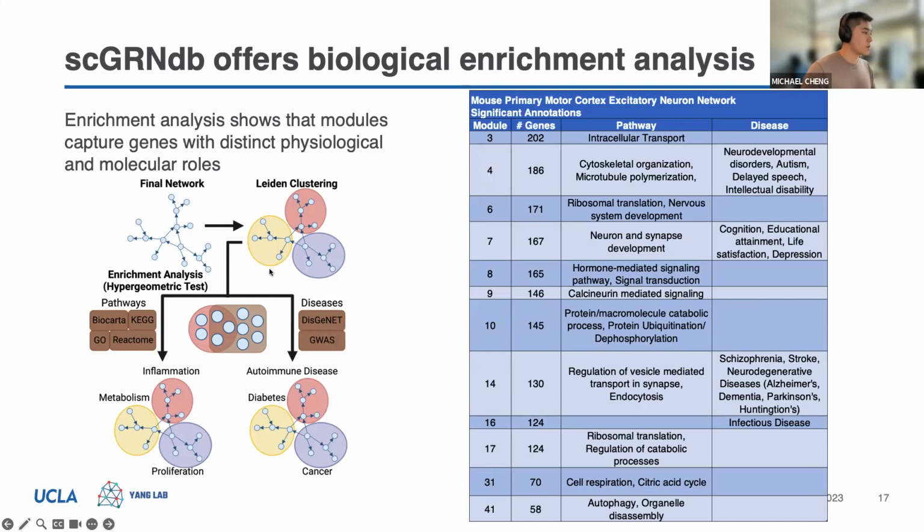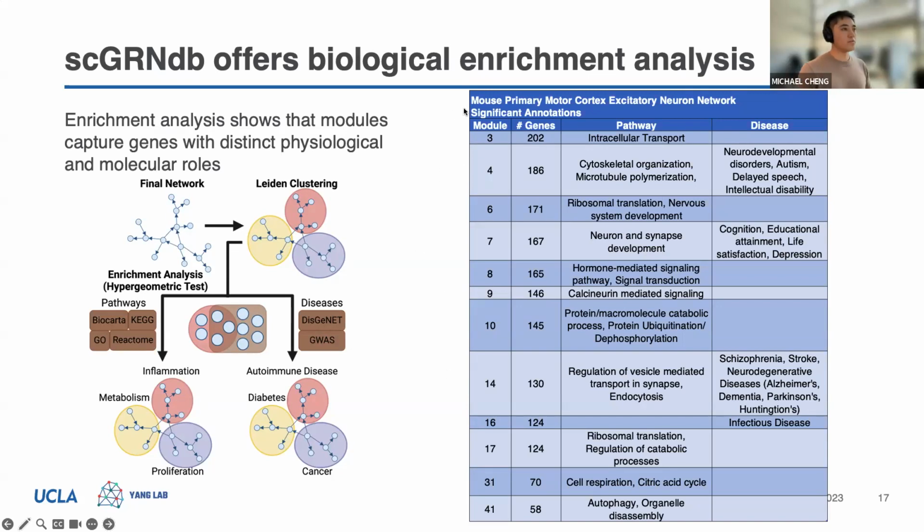And with these subnetworks, we can perform enrichment analysis comparing them to known gene sets like pathway genes or disease genes, and identify if there's an enrichment in the module for disease genes. When we do this, this helps us annotate or find biological significance to the topology of our networks.